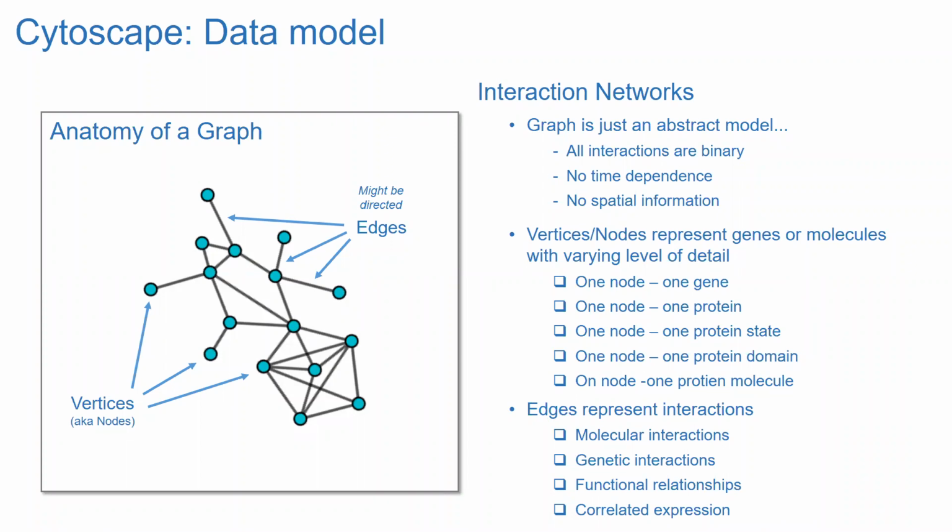But every time those three things do have to be taken into account, that all the interactions are binary. There's an edge connecting only two nodes. There's a more abstract way of graphs, something called hypergraphs, where you can have edges connecting three or more things, but Cytoscape doesn't do the hypergraphs.